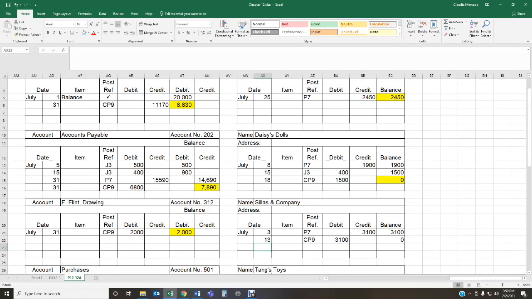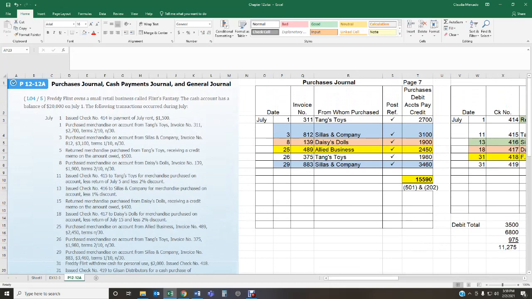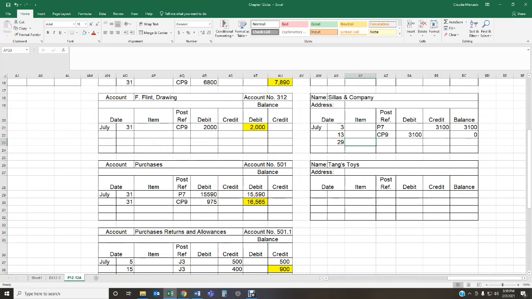C.S. and Company, and that happened on the 29th. Let me just make sure. Yes. On the 29th, we purchased $3,460. Okay. And that happened on Purchases Journal page 7. And we've got a credit of $3,460. So now we owe the $3,460. That is the balance that is owed. We owe C.S. and Company $3,460 for merchandise purchased on account.